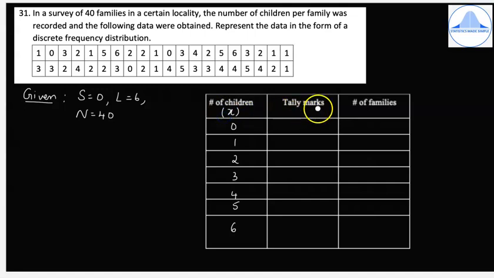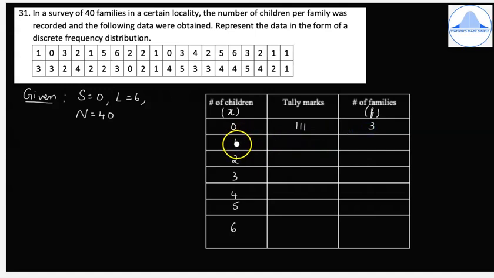Next we'll put the tally mark. So all you have to do is just count how many zeros are there in the data. So the number of zeros are 3. So put 3 tally marks, and under number of families, which is nothing but the frequencies f, write the number 3.